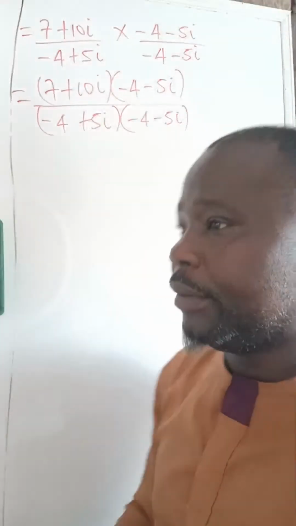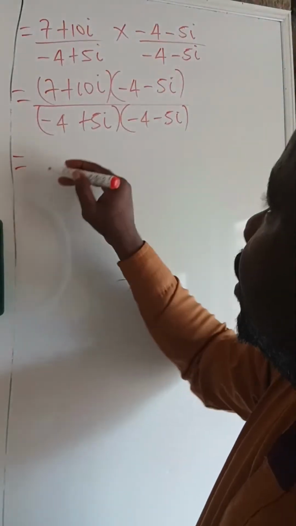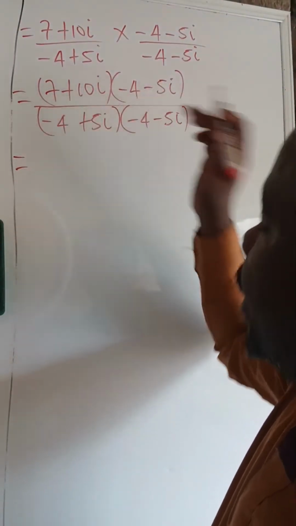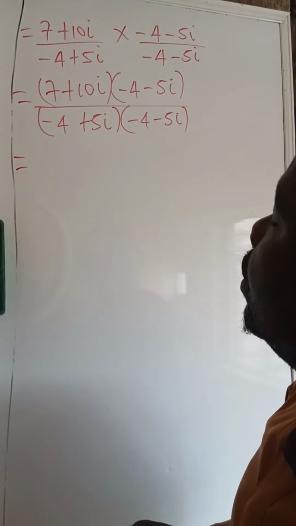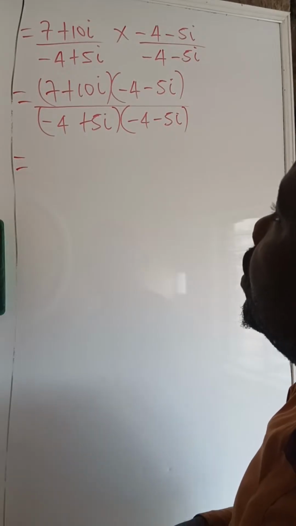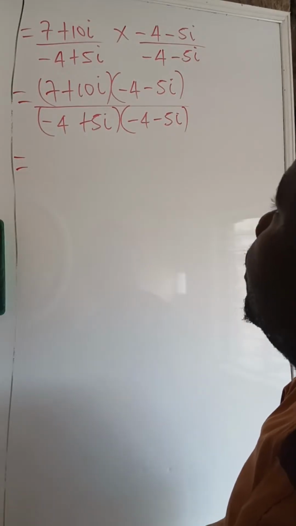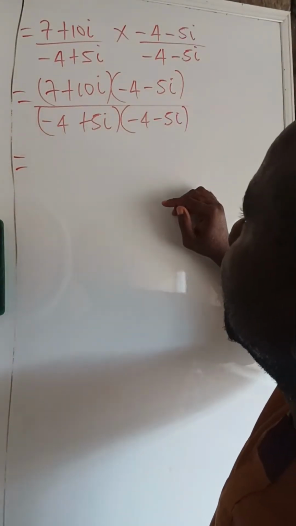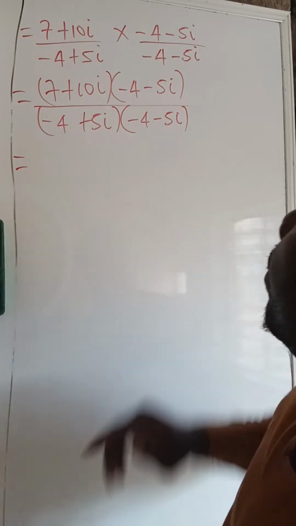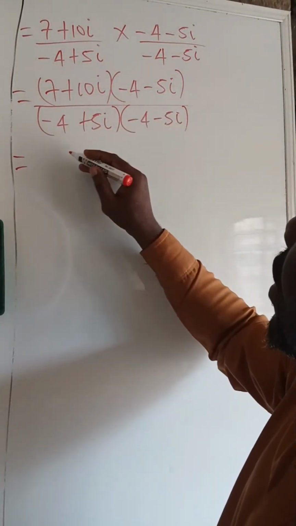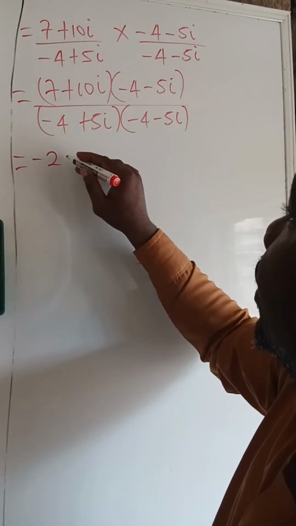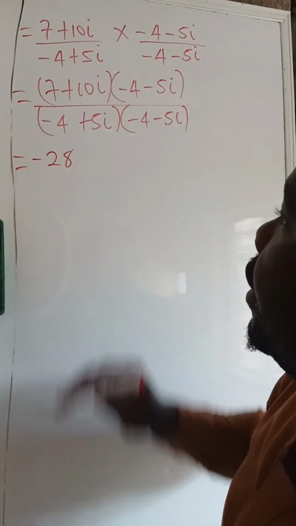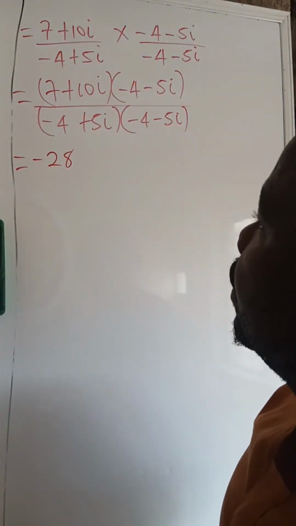Do you agree with me? Then this is equals to 7 times, what do we do? We use this bracket to multiply this bracket. So 7 times minus 4 is minus 28.